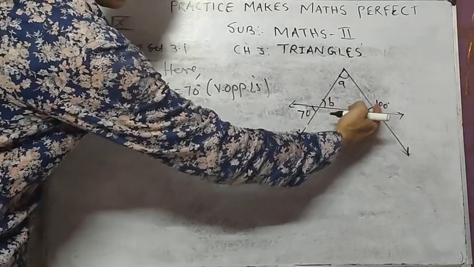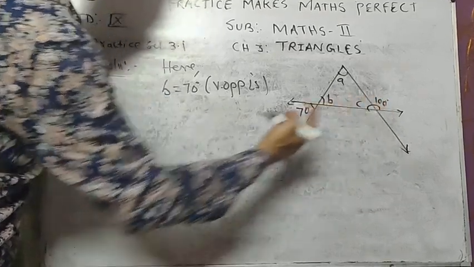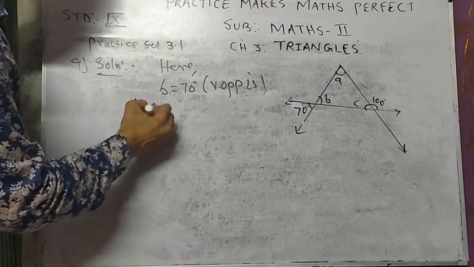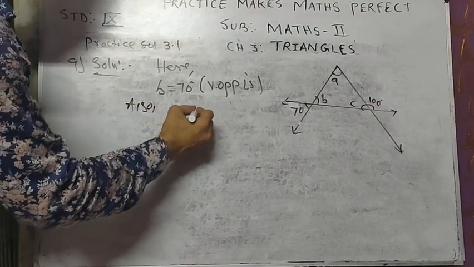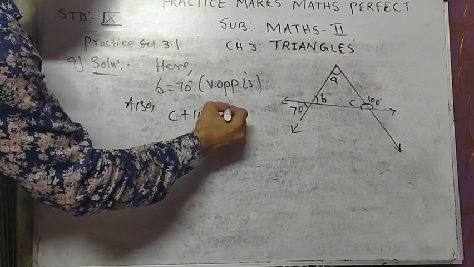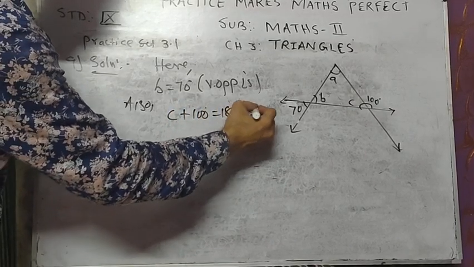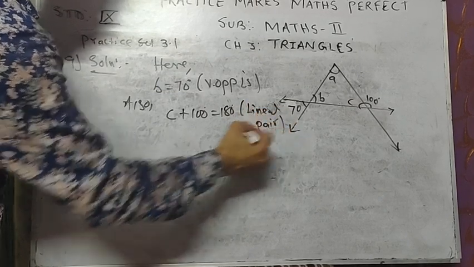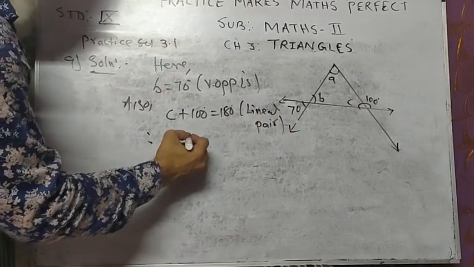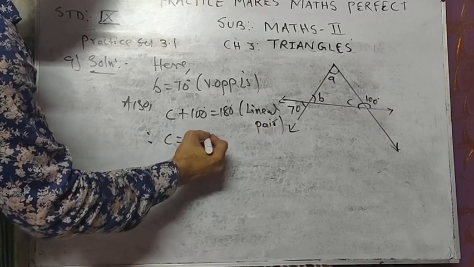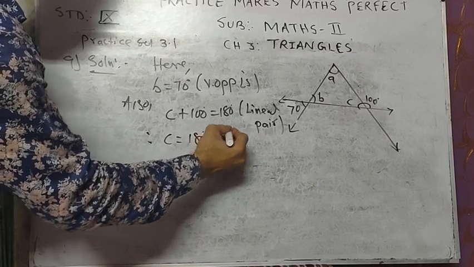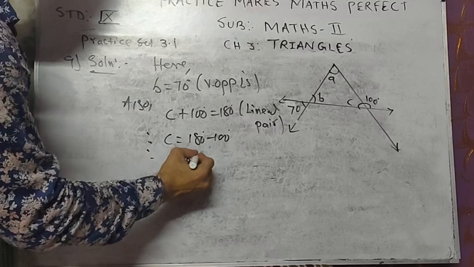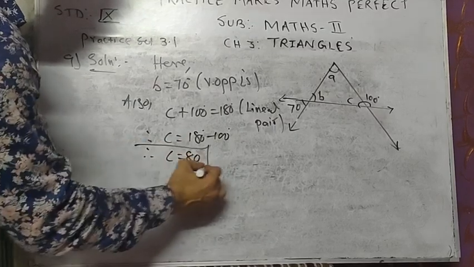Now for C you will take the help of linear pair. C plus 100 is equal to 180 degree, linear pair, and therefore C is equal to 180 degree minus 100. C is equal to 80 degree.